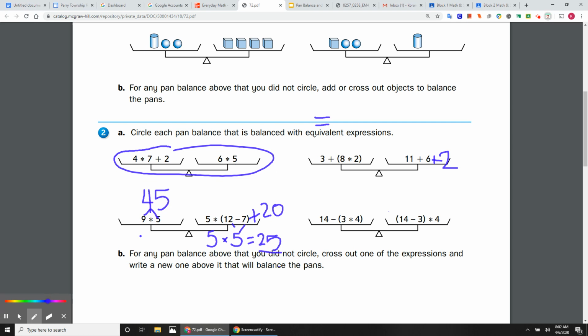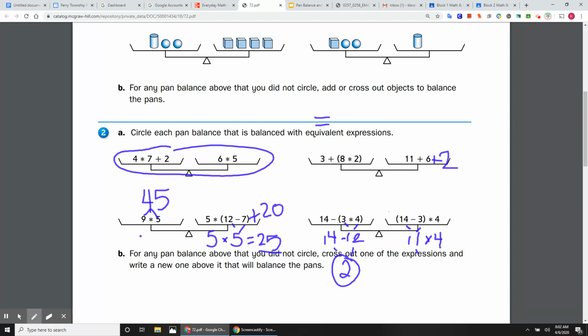Okay, the next one, we have to do our parentheses first. 3 times 4 is 12. 14 minus 12 would equal 2. So the left side equals 2. The right side, we're going to do our parentheses first as well. And we have 11. 14 minus 3 is 11 times 4.